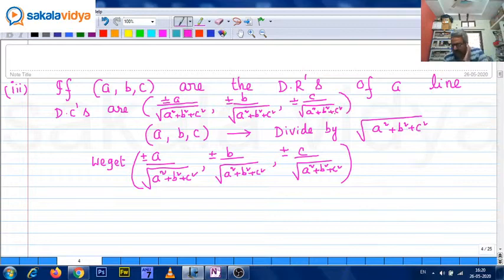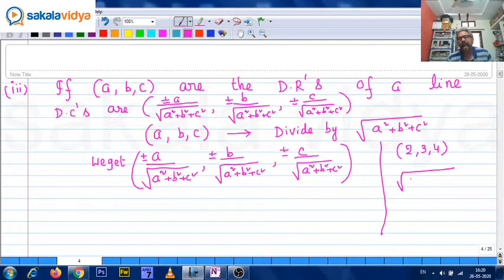Okay. So for example, if the direction ratios of a line are 2, 3, 4, how do you find the direction cosines? You need to divide by the root of 4 plus 9 plus 16, that will be root 29.